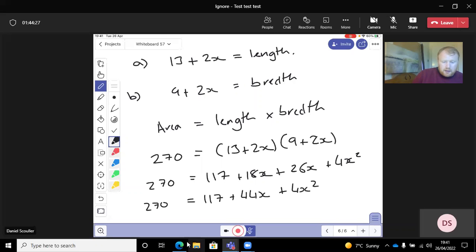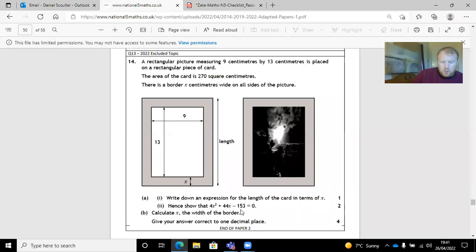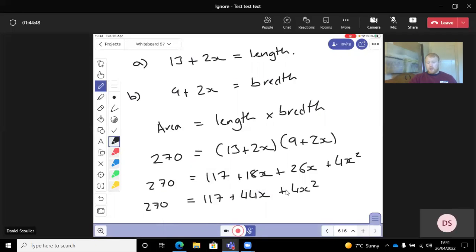Now if we look back here, we've got it all equal to 0. Okay, so we've got 4x squared on the left hand side, and everything equals 0. So what I want is a positive 4x squared on the left hand side. I'm just going to flip this round.